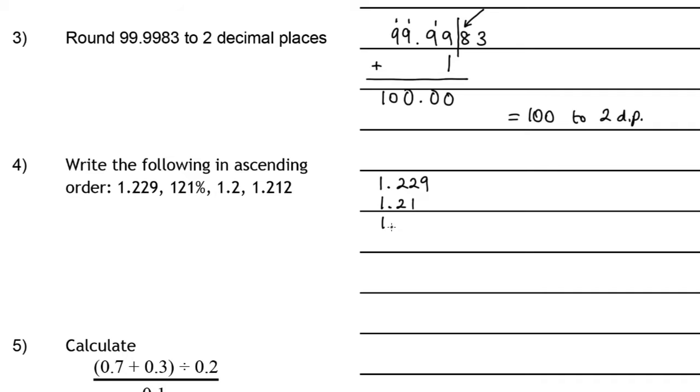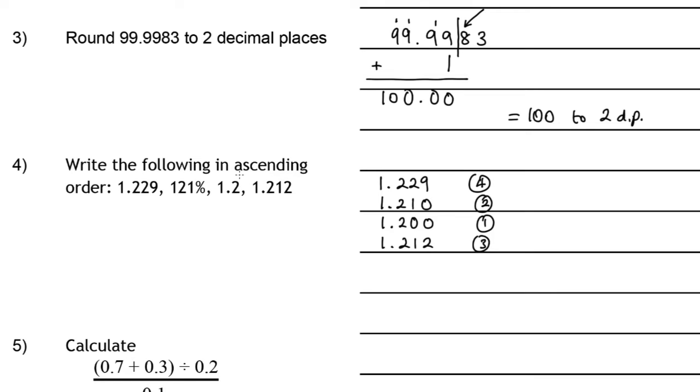Then we have 1.2, and then we have 1.212. The best way to do this is to add some more zeros so we can directly compare. We can see that the smallest value here is 1.2. Then we have 1.21, so that's number 2. This is number 3, and that is number 4.